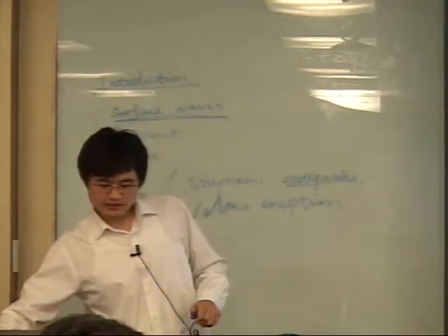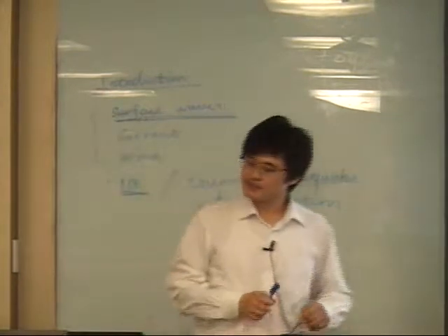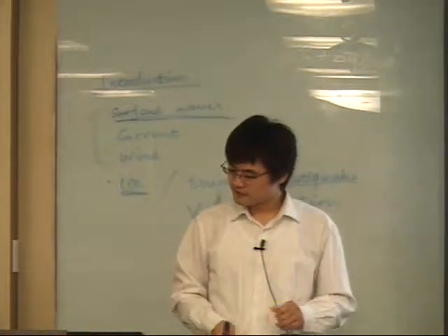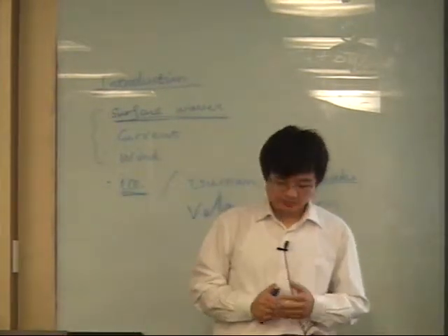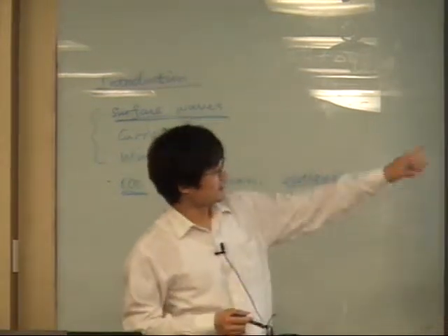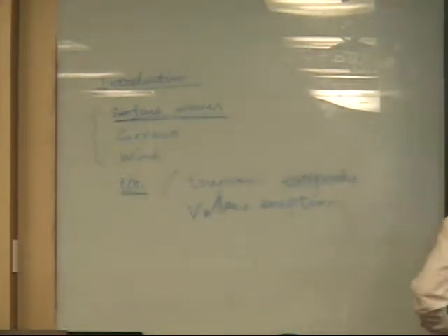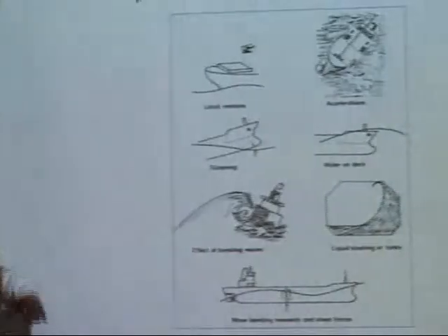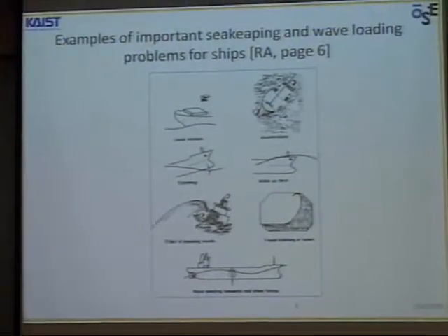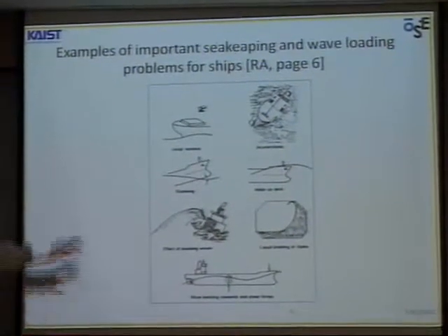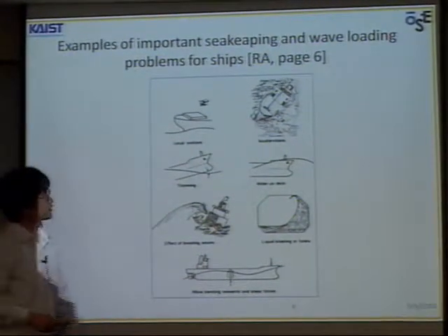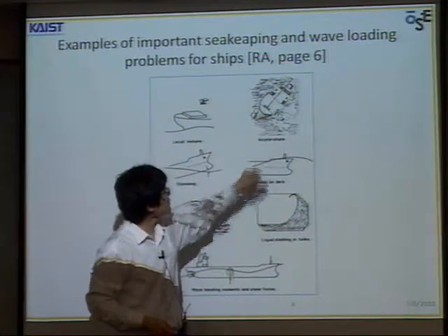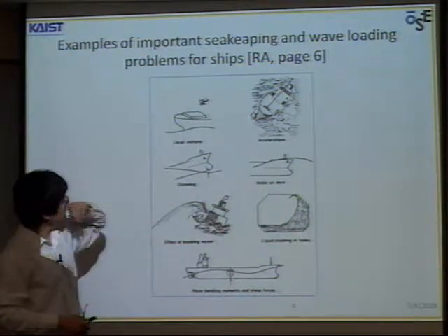Let's see some typical problems of seakeeping and wave loading for ships. The first one is a helicopter trying to land on this ship. If the ship motion is too large, the relative motion is not good. Also this ship has containers.